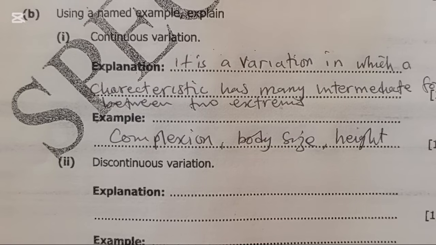So in other words, these are things that cannot change. For example, the sex of a person cannot change. The blood group of a person cannot change. We can talk of the color of the eyes, tongue rolling, those things, they cannot be affected maybe by environment and the genes. So that's the way it is.